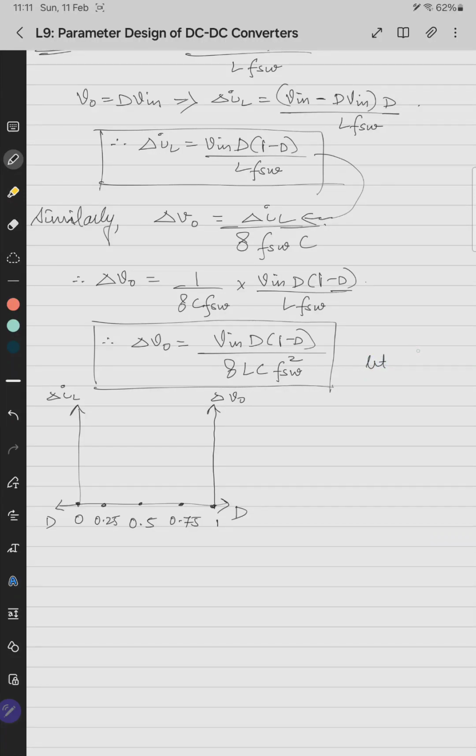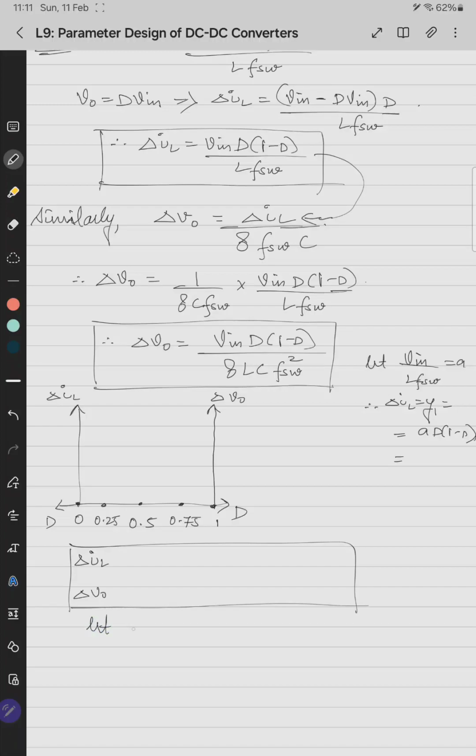Let V in by F switching be some A. Therefore delta IL, say y1, becomes A into D into 1 minus D. Say D is 0, so it is 0. Say D is 0.25. We'll keep on substituting. I'll write a table. This is the delta IL value, this is the delta V naught value, where the constant V in by L into F switching is A, and V in by 8 L C F switching square equals some B.